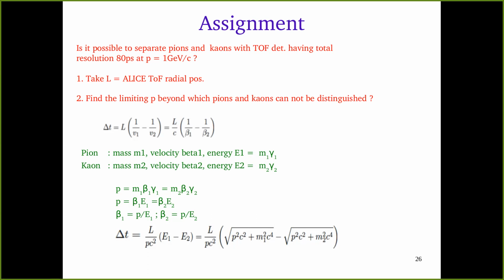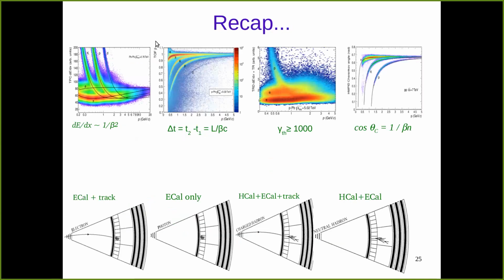Oh, because you see, this is how we measure, right? We measure the response as a function of p. So you see these bands. For a particular p, these particles are separated. So suppose you take a pion at one p and the kaon at another p, of course they will be separated, but you cannot have an apple to apple comparison.